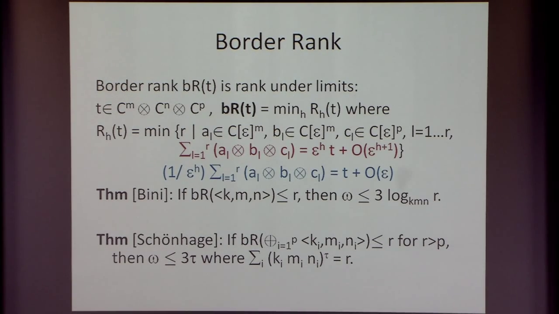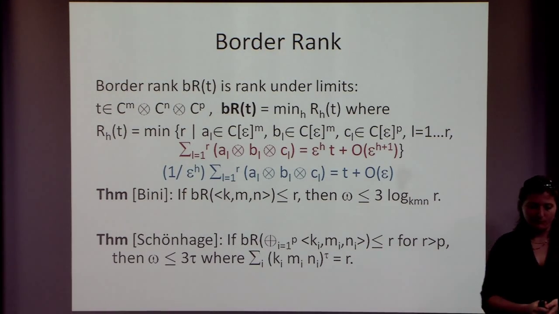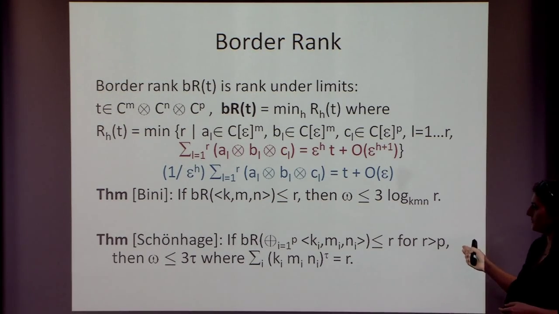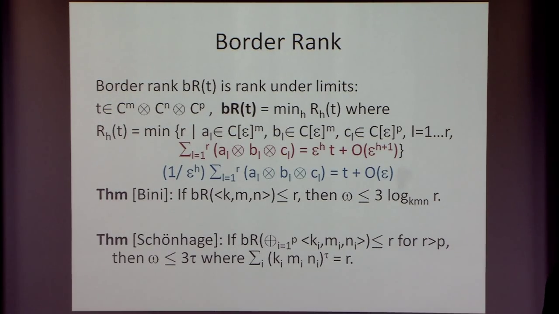So here's an approach to getting bounds on omega. I find some tensor, and it happens to be a direct sum of matrix products. I bound its border rank, and this immediately gives me a bound on omega via this inequality here. This was the approach that was taken by Schoenhage. Later it has been refined, and I'll give you some intuition about the refinement.